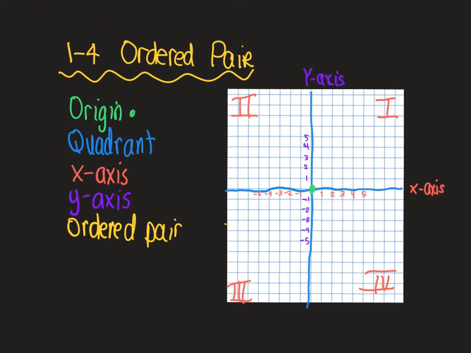Okay, so let's recap. Origin, very center. Quadrant, sections. X-axis, blue line right here. Y-axis, blue line right here. Ordered pair. So if I wanted to drive to your house, you would have to tell me your address.